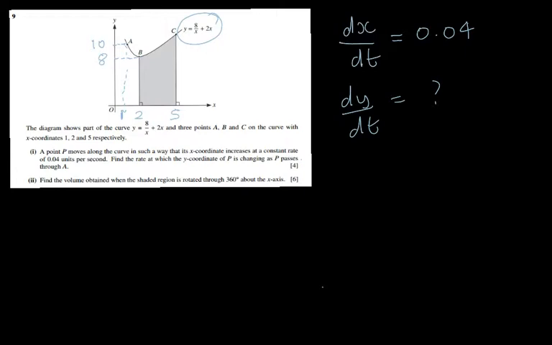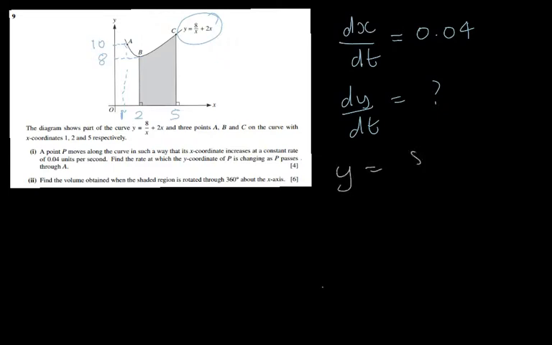We don't have an expression yet for dy/dt, so we need to use another related rate of change that we can combine with this one to get dy/dt. And I always recognise this because I start writing it out and then I realise that I'm missing something. And I go back to my diagram and it's like, oh, what else could I use? Well, the only other thing I can use is the equation of this curve, which is y equals 8 over x plus 2x.